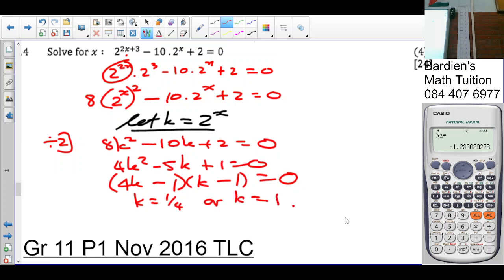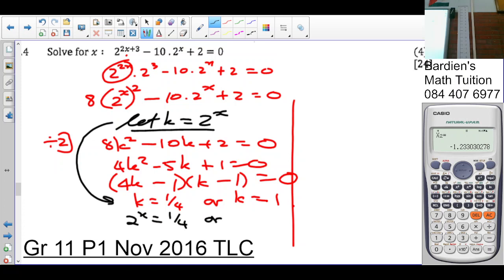Do I stop there? No. So what do I do now? We know that k is actually 2 to the x. So that simply becomes 2 to the x is equal to a quarter, or 2 to the x is equal to 1. So 2 to the x is equal to 1 can be written as 2 to the 0, therefore x is equal to 0.